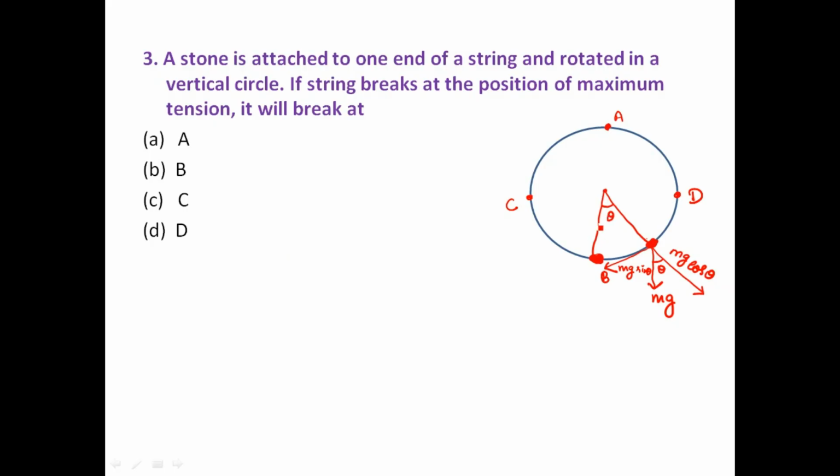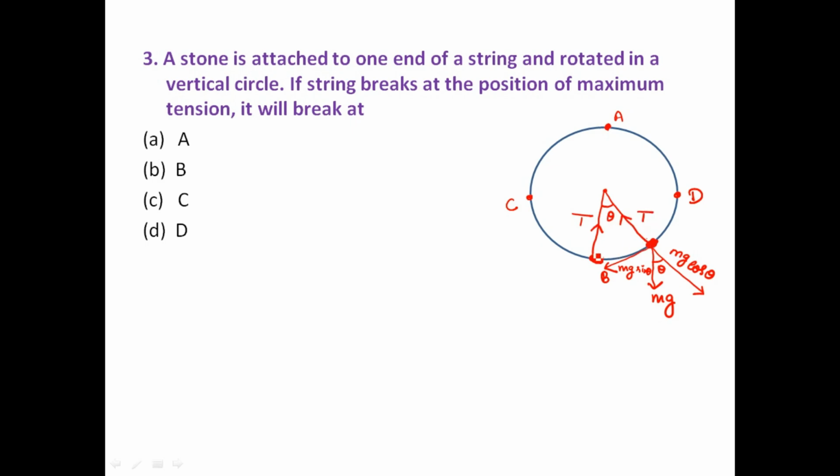Okay, so here there is one more force that is being acted towards the center of the circle. What do we call that force? It is nothing but the tension. Tension is acting along the string towards the center. What about the net force in such case? The tension, I can also write it over here, right?